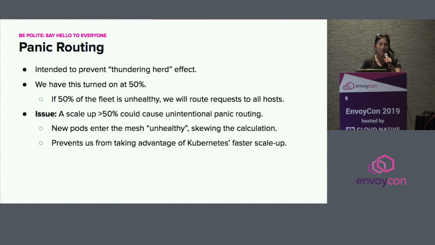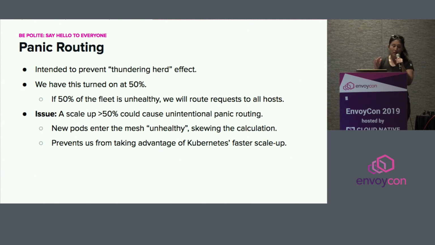However, unfortunately, when we scaled up too quickly, we noticed panic routing would be enabled. The intent of panic routing is to prevent thundering herd. With our legacy infrastructure, scaling up was quite expensive, so we didn't want all the healthy hosts to get overloaded. That's the intent with panic routing.